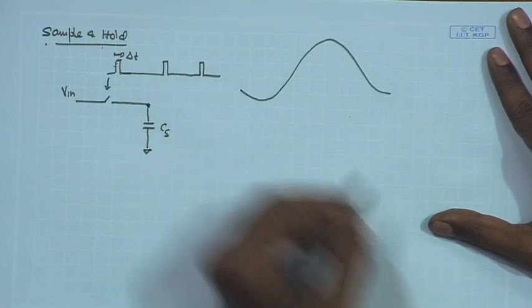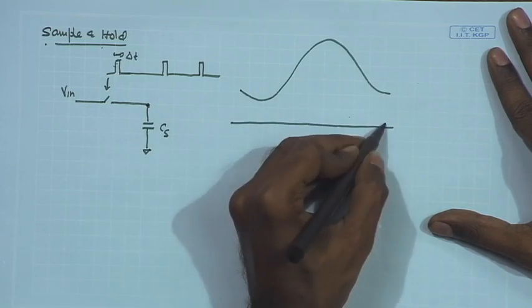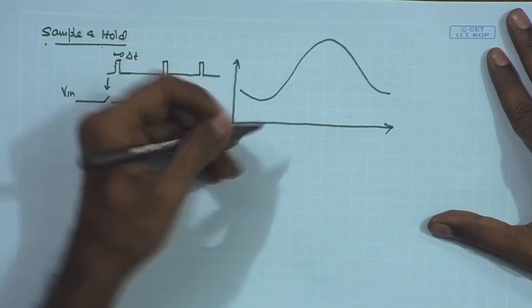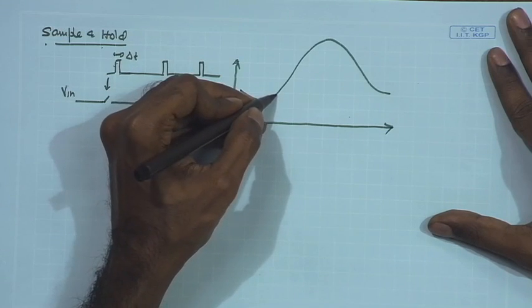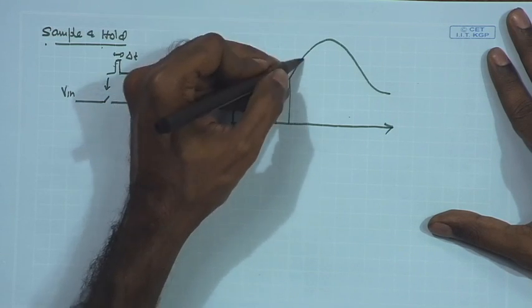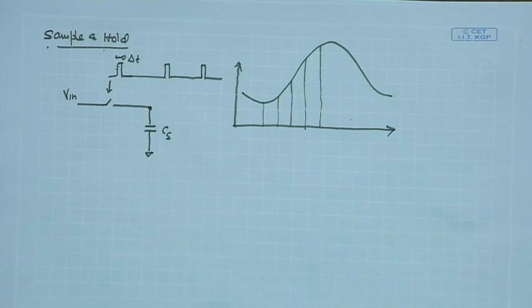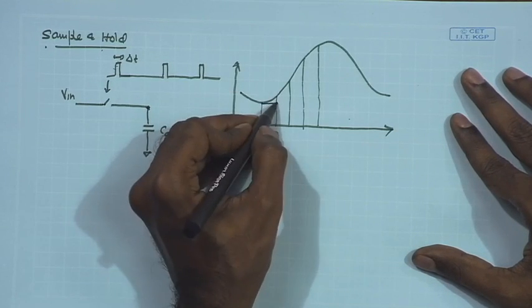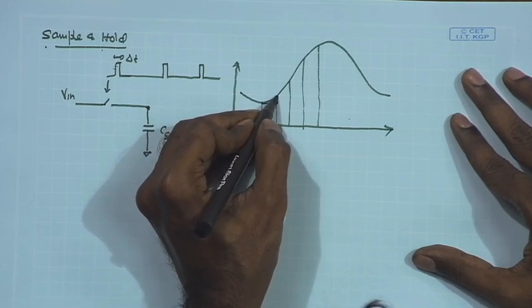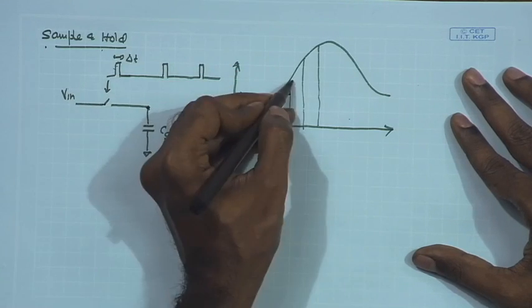So, if this is my analog data coming in at different instances, if I am looking at the Cs, if I assume that these are the locations where this t on is coming, which are very narrow pulses, my output will be constant after each t on, and it will be changing only when the t on goes high, and corresponding to that the switch gets on.